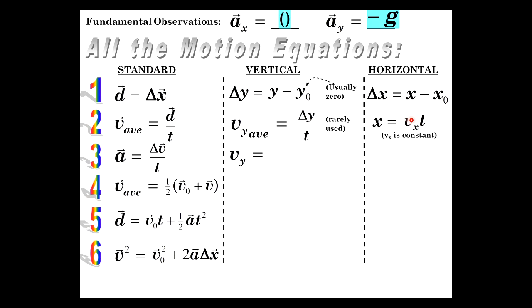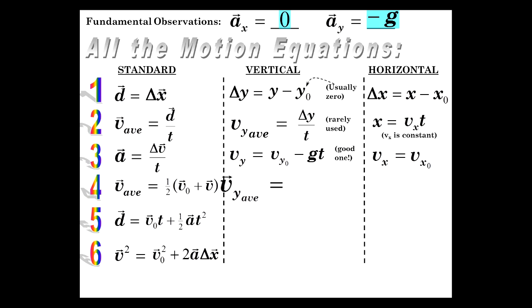Vx is constant, so the x position is velocity times time. That's actually a useful equation for the x direction. Now Vy, equation 3, is Vy0 minus gt. It comes directly from here. We've seen that before. I'm subscripting y because we're only worried about the vertical in this column. This is a really good and useful equation.